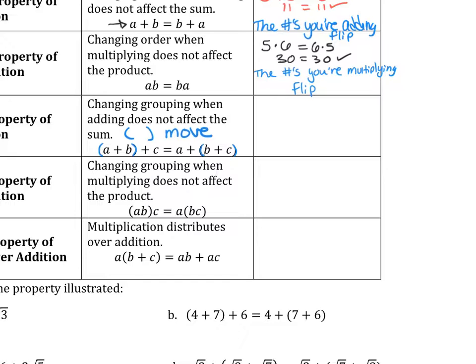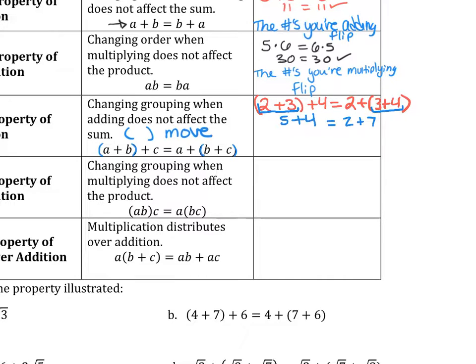And an example would be if we had 2 plus 3 in parentheses and then we added 4. That would be equal to if we did 3 plus 4 first and then added 2, right? Here we would do our parentheses first and get 5 plus 4. Then on the right side we would do 3 plus 4 first.